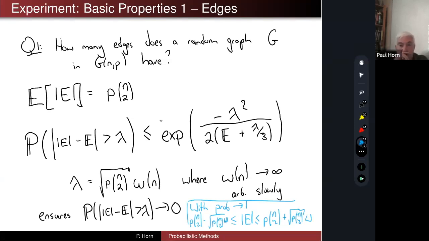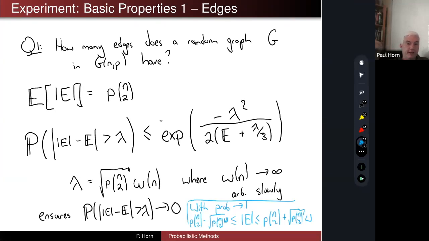All this is to say that if I'm in, say, a regime where p is like a half, then I'm expecting like n squared over 4 edges. And I'm differing from that by something that's basically linear.